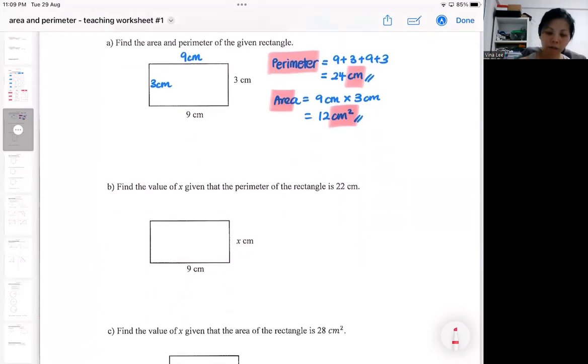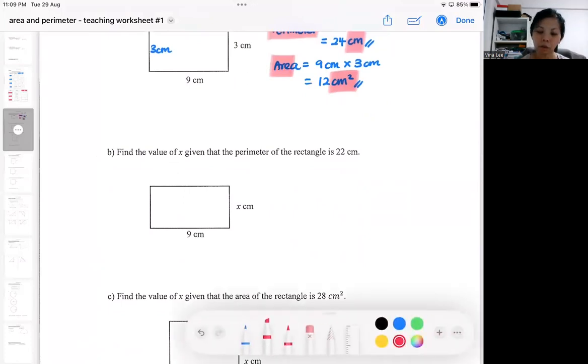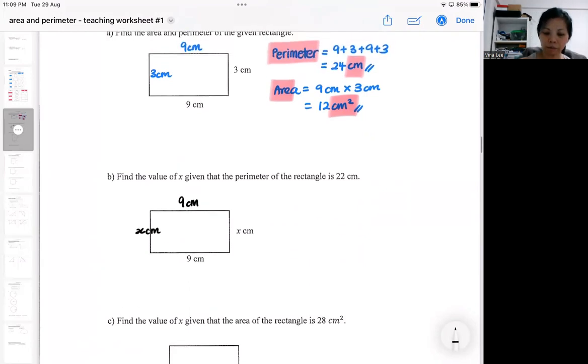Now the second part has algebra. You are told that the perimeter is 22 and you're supposed to find x. This is how you're going to approach it. You find the perimeter, like how you did in the previous question.